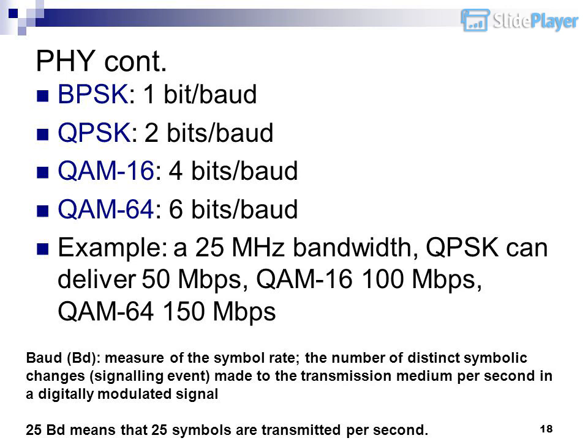Baud, BD, is a measure of the symbol rate, the number of distinct symbol changes, signaling events, made to the transmission medium per second in a digitally modulated signal. 25 BD means that 25 symbols are transmitted per second.